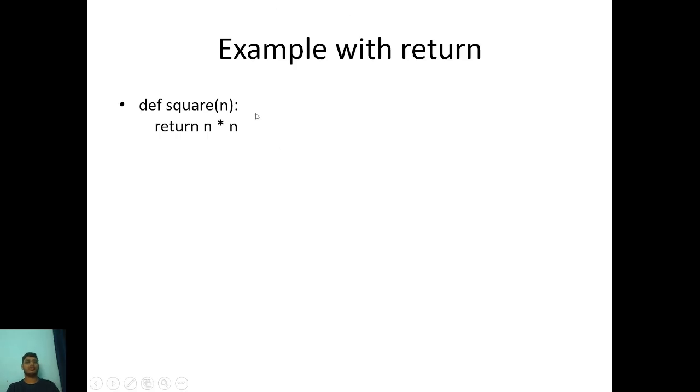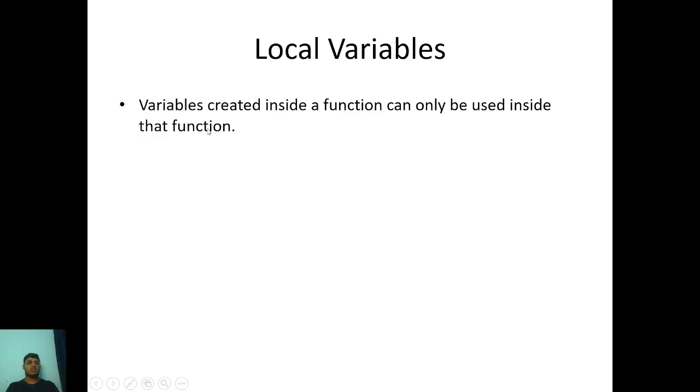Here are some examples of square that we have done. Local variables. A local variable is a variable that is created inside a function, and it can only exist within that function, and it is destroyed when the function finishes executing.